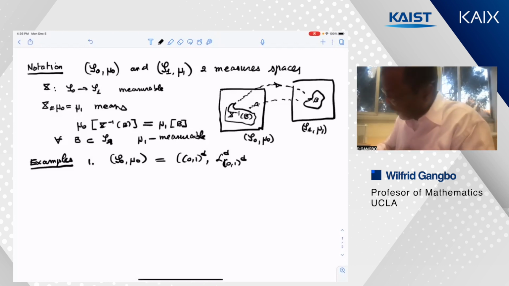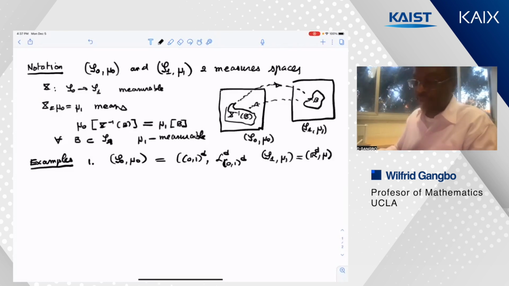And (S1, mu 1) will be R^d, and any probability measure on R^d.